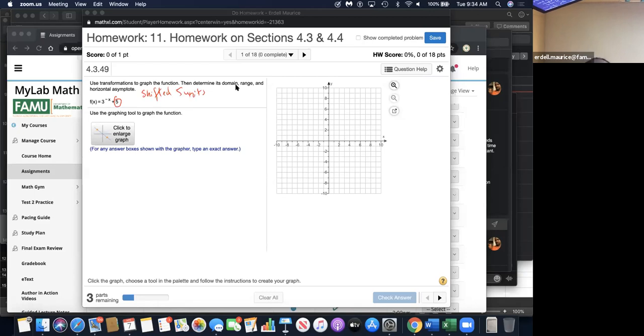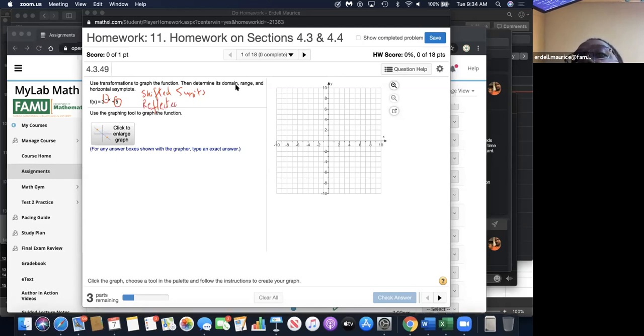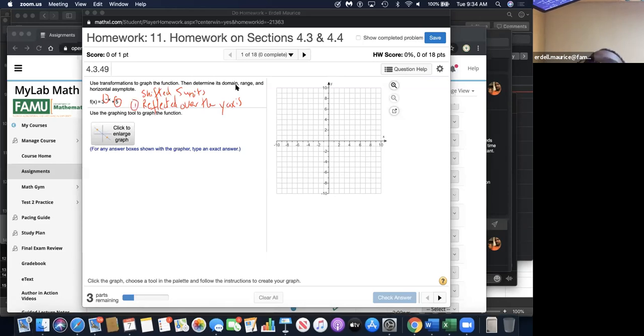And then the minus sign means the graph is reflected over the y-axis. Actually, I have this in reverse order because you're supposed to do this one first, and then you do this one. The order actually does matter.